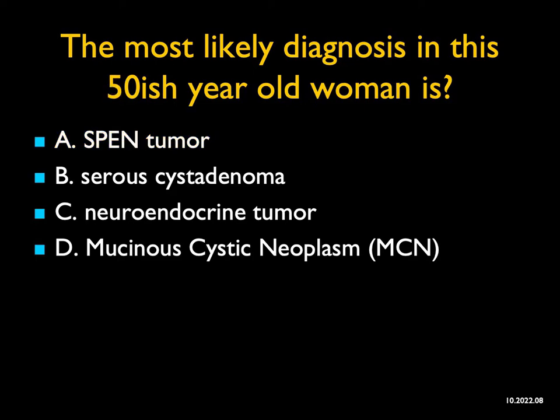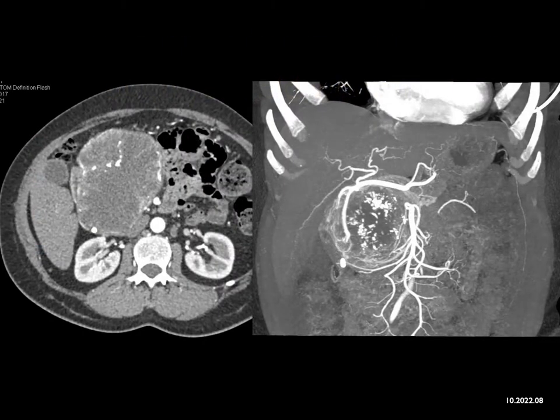The most likely diagnosis in this 50-year-old woman is big lesion, head of pancreas, calcifications. You can see the vessels on the MIP imaging are distorted. They're around the patient's lesion. It's not in the lesion. So what could this be? SPEN tumors would distort the vessels. So it's a thought, but it's a 50-year-old. SPENs are in the teens and 20s.